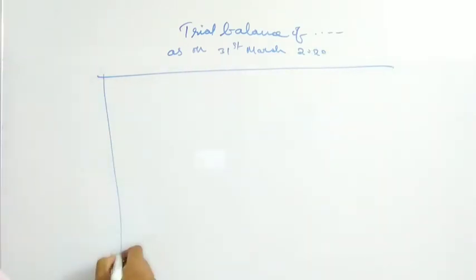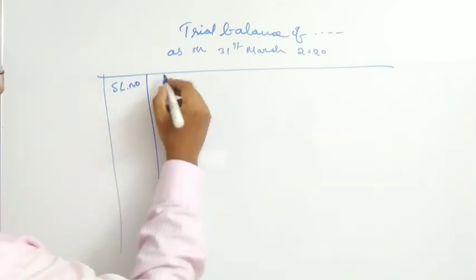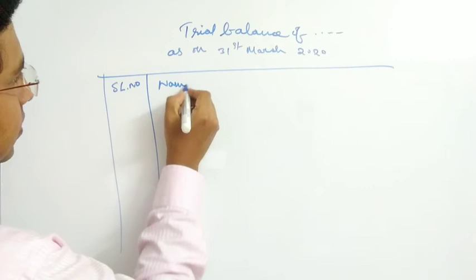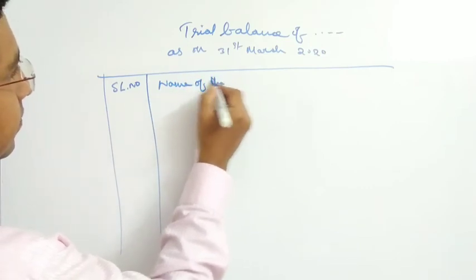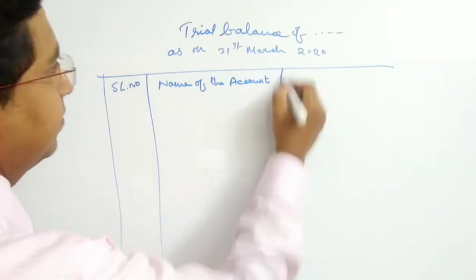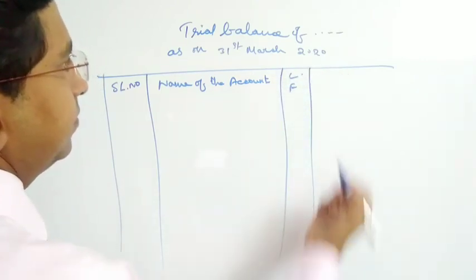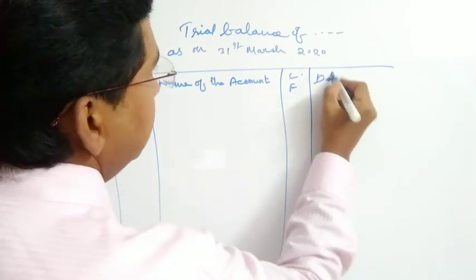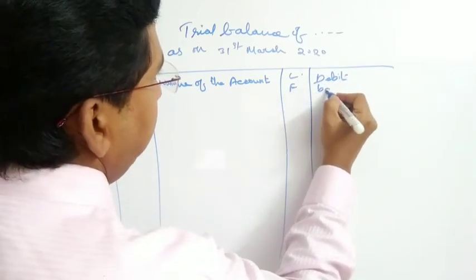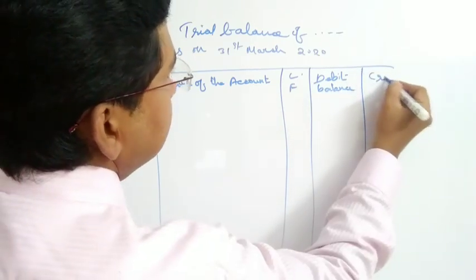Let us have the columns: serial number, next name of the account, name of the ledger account, ledger folio, then debit balance and credit balance.